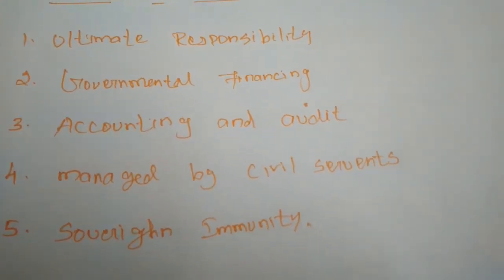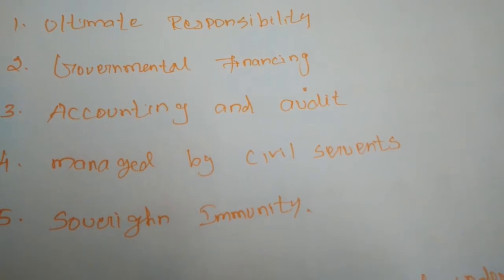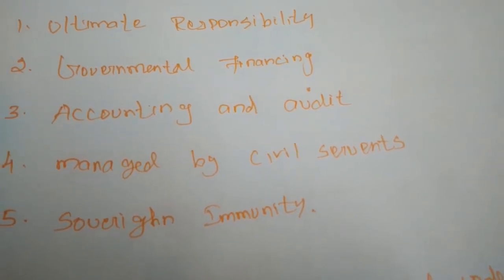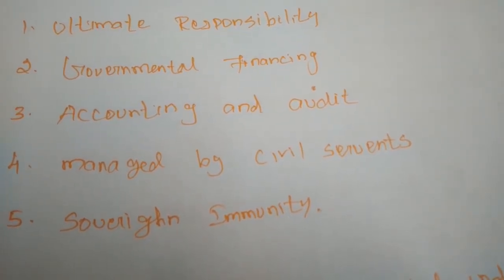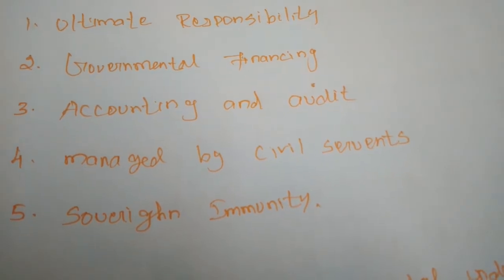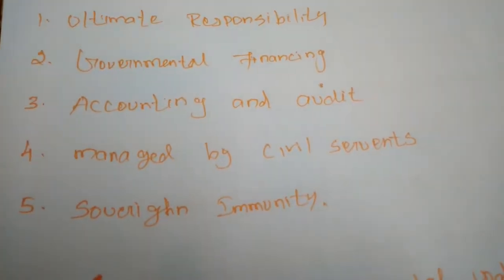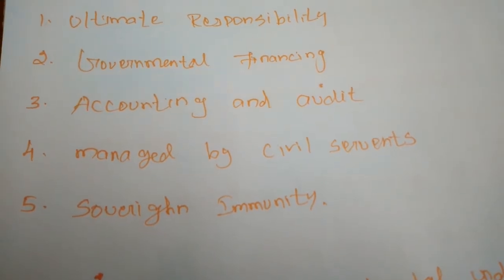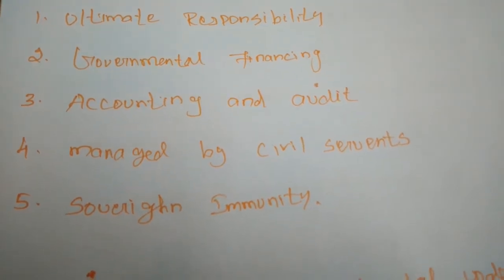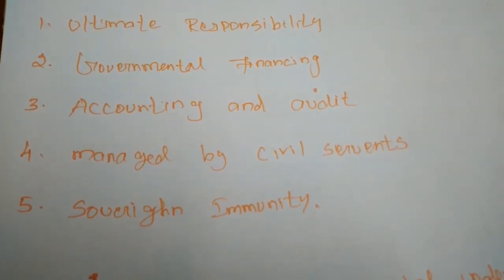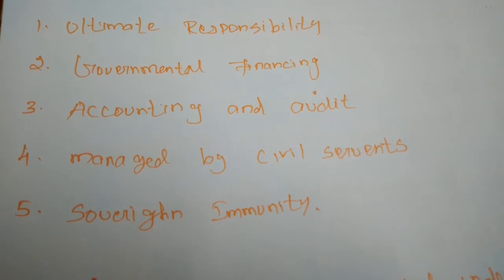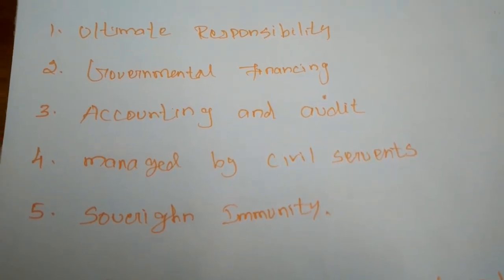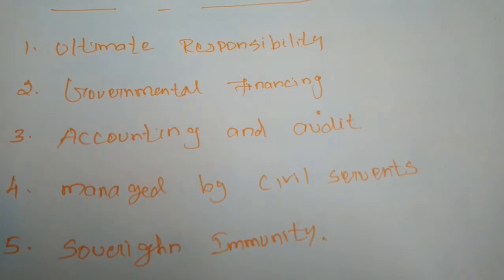Next, accounting and audit. The departmental undertaking is subject to the normal budgeting, accounting and audit procedures which are applicable to all government departments. In whichever way we maintain accounting, in the same way the departmental undertakings also have to maintain their accounts and audit services.